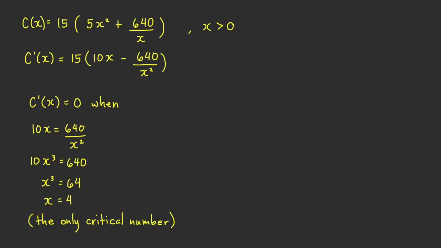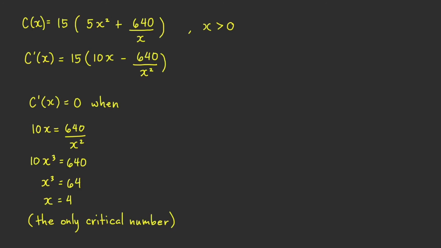So therefore, if we're going to apply the first derivative test or second derivative test, our conclusion will be not only a local minimum or a local maximum, but it will be a global or absolute maximum or global or absolute minimum. Now, how do we determine whether this critical number will give us absolute max or absolute min?